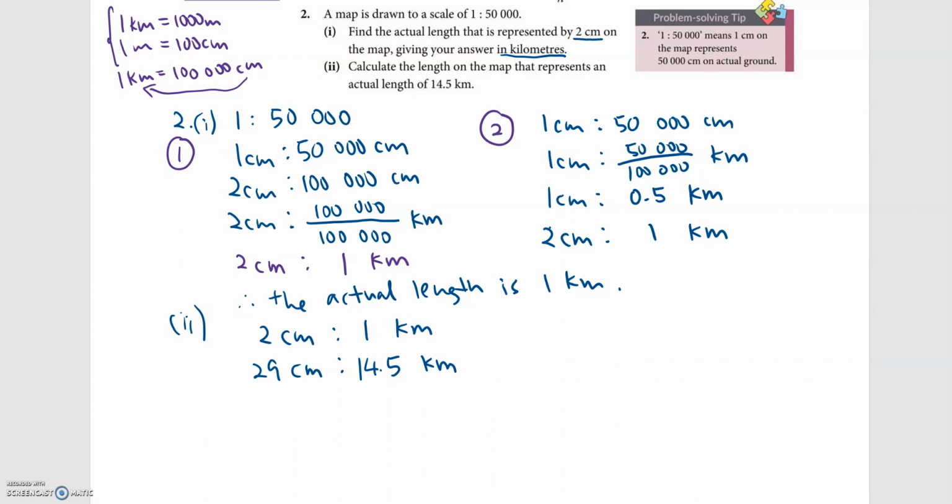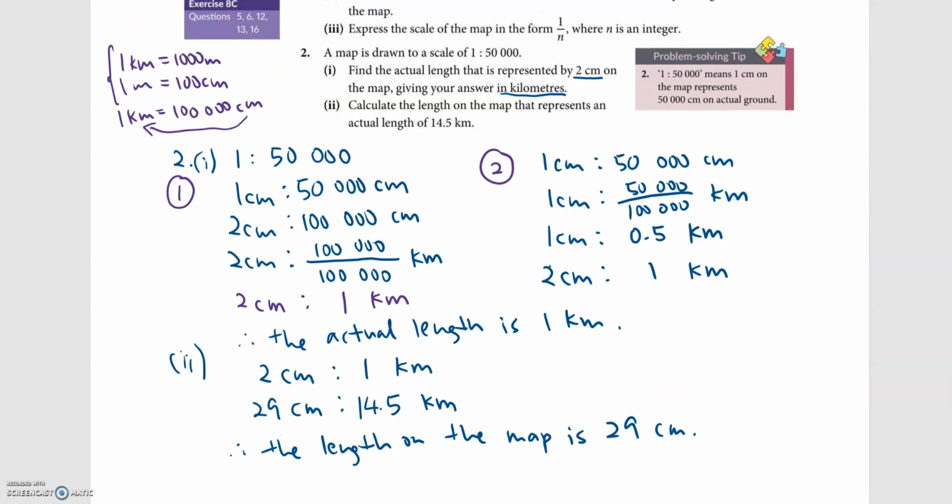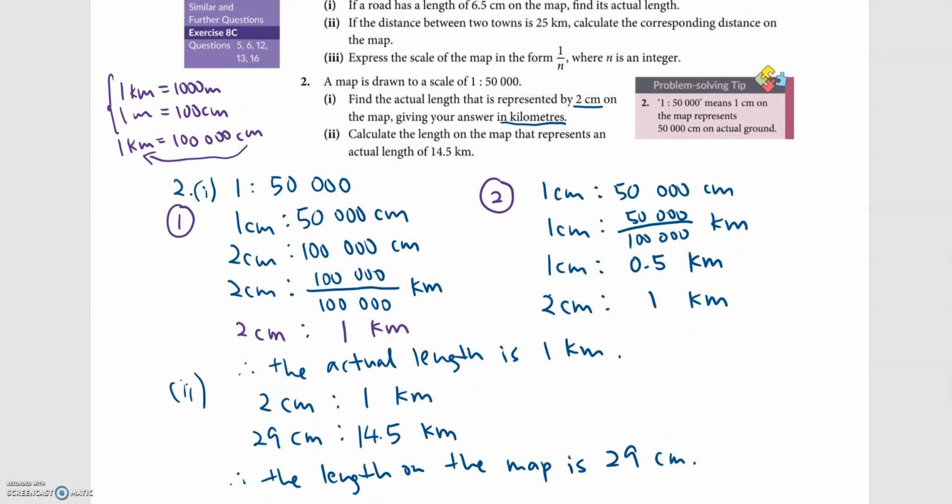So the length on the map would be 29 cm. I need to remember to answer the question. So this is it for practice now 12 of the textbook.